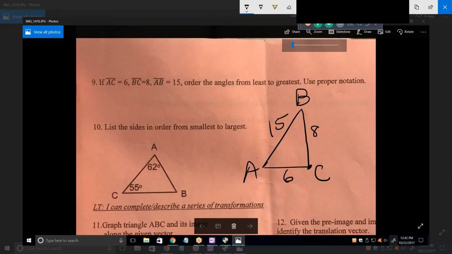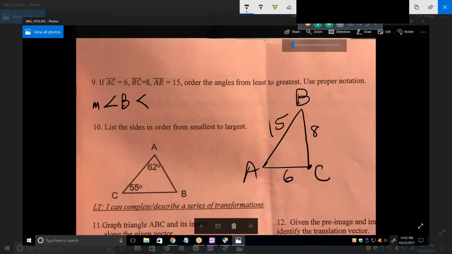So, BAC. What's the least angle? B. Okay, that's not BAC, that's ABC. But we can get away with using single letter notations. So I'm just going to call it the measurement of angle B is less than, what's the next smallest angle?